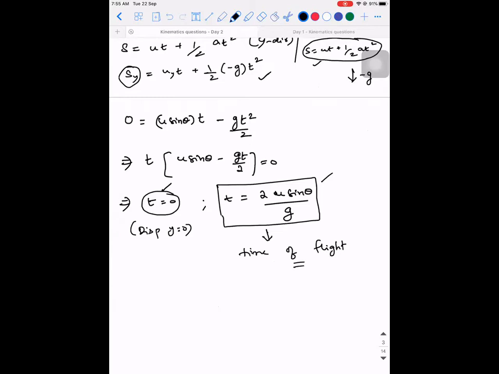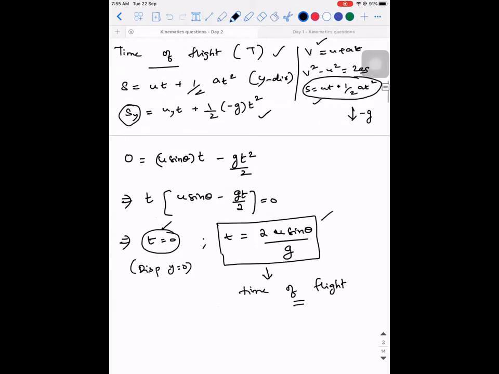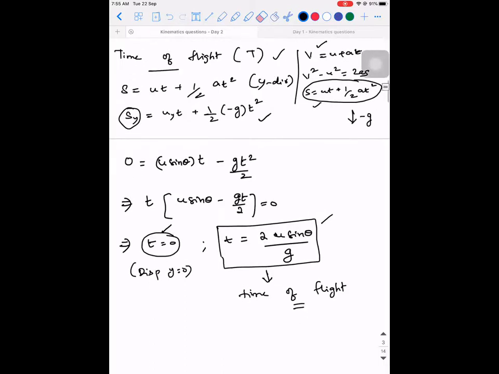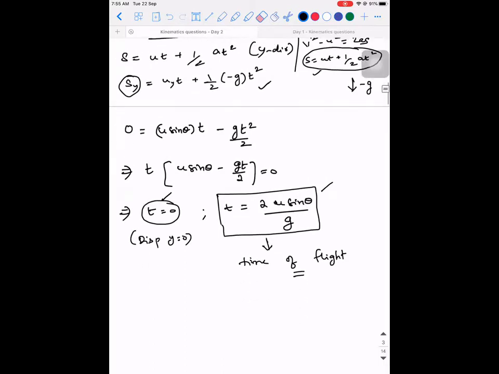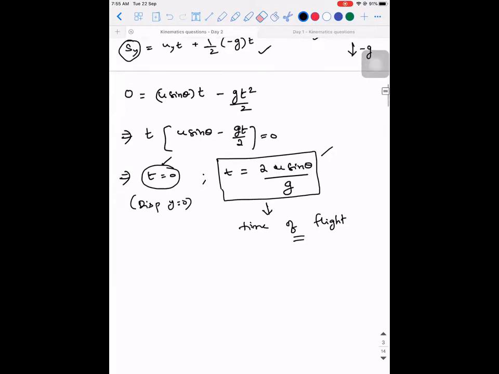Correct? You're able to relate all these concepts. It is 2u sine theta divided by g.